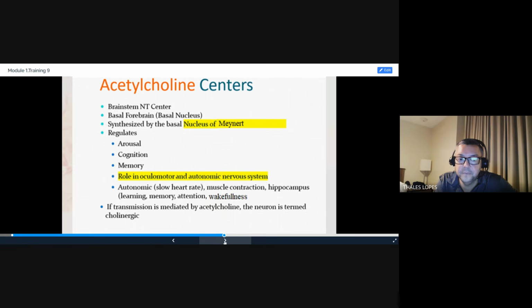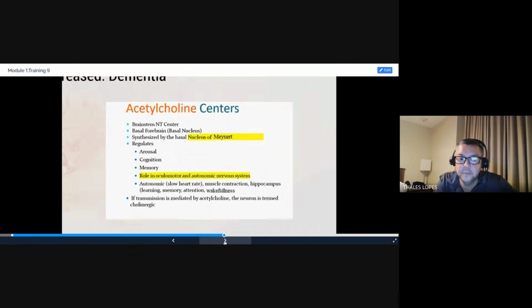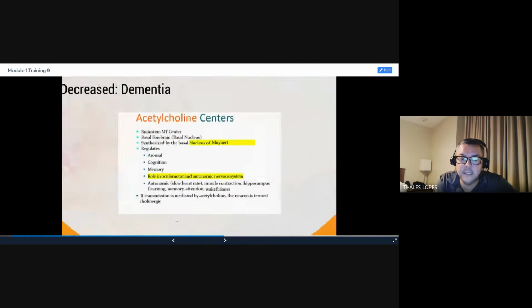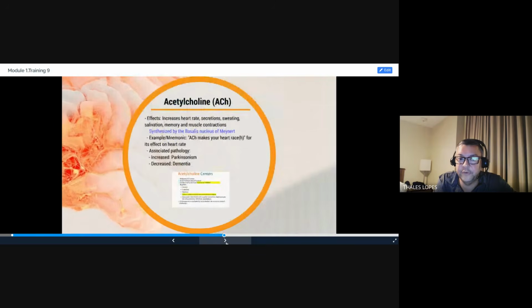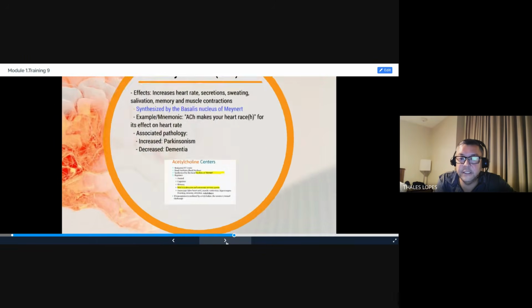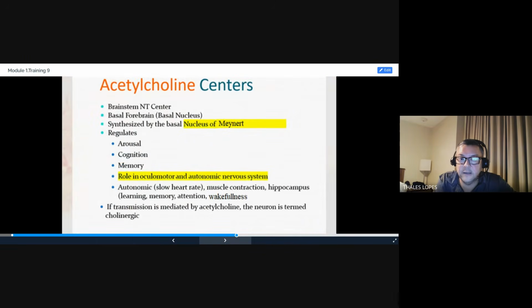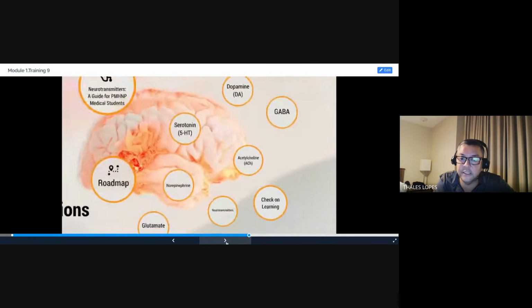Here it even says, if the transmission is mediated by acetylcholine, the neuron is termed cholinergic. So you're given an anticholinergic to decrease the acetylcholine, therefore reversing or decreasing those symptoms that are associated with the increase in acetylcholine.